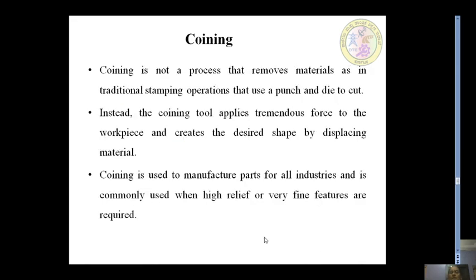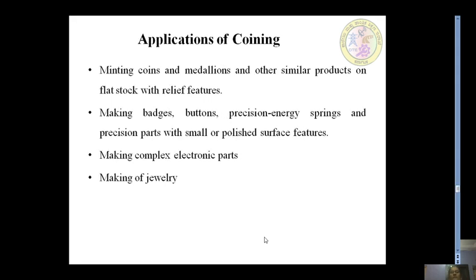It's not a process that removes metal as in traditional stamping operations that use a punch and die or cut. Instead, the coining tool applies tremendous force to the workpiece and creates the desired shape by displacing material. Coining is used to manufacture parts for all industries and is commonly used when high relief or very fine features are required.